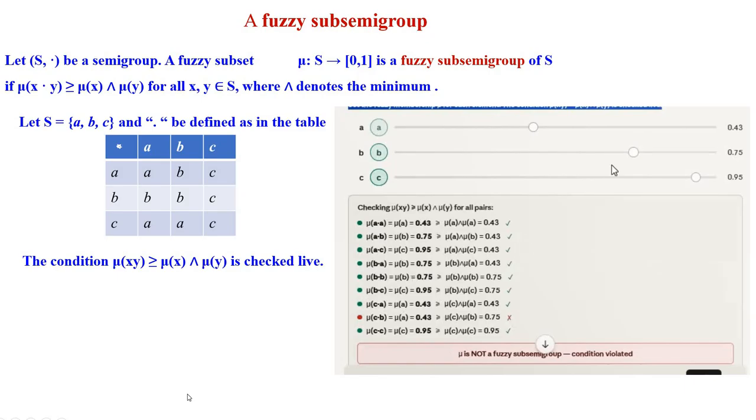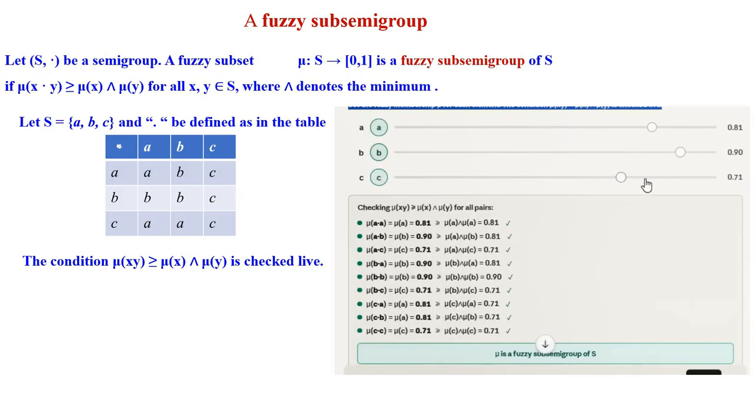So as in some of the cases you can see, and in some you will not have. So here you can see when you have this to be a fuzzy subsemigroup, and when it is not. Here it is mentioned. You can check on your own.